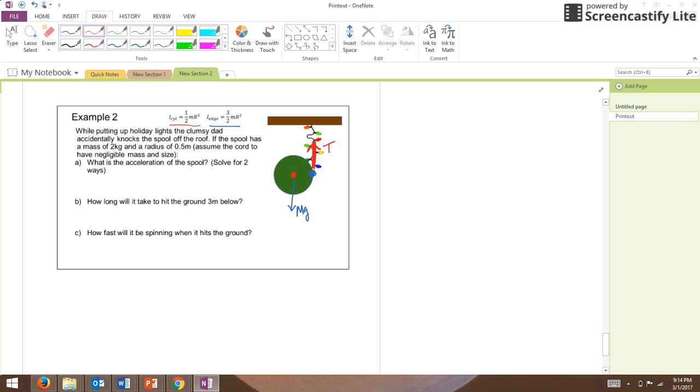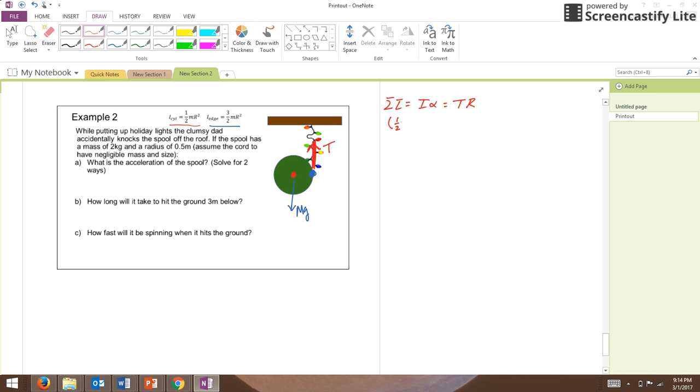So the tension would be the only force that exerts a torque, because mg is at a radius of 0 compared to our pivot. So when we sum the torques, that is equal to I alpha, which is equal to T R, just like last time.